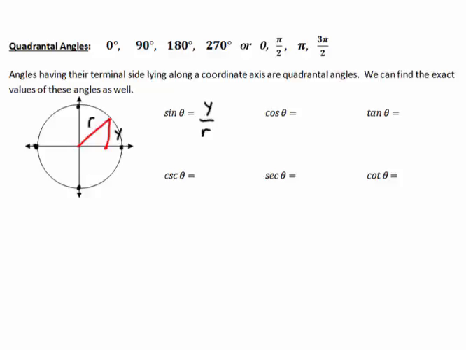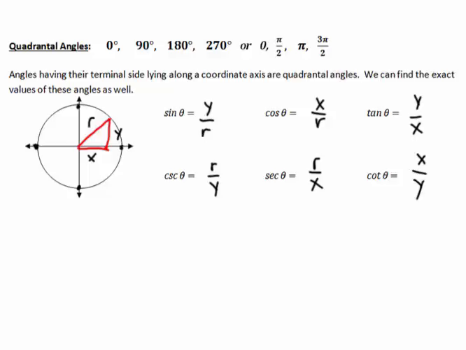The cosine was x over r, where x is that adjacent side down at the bottom here, and tangent was y over x. And cosecant is the reciprocal of sine, so it's just going to be r over y. Secant will be r over x, and cotangent is x over y.